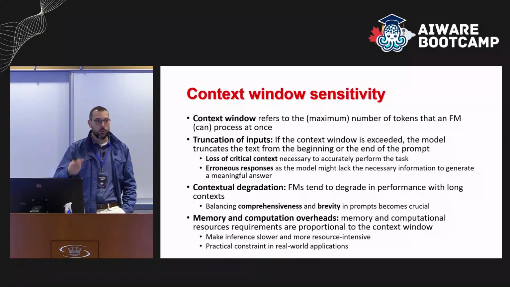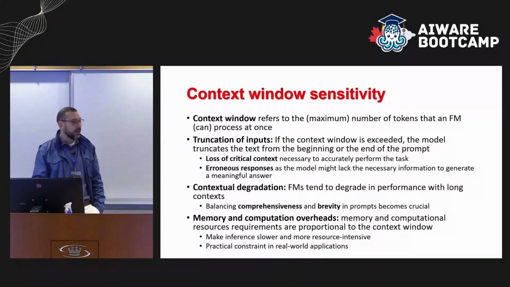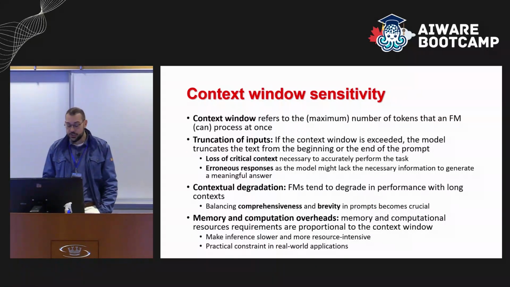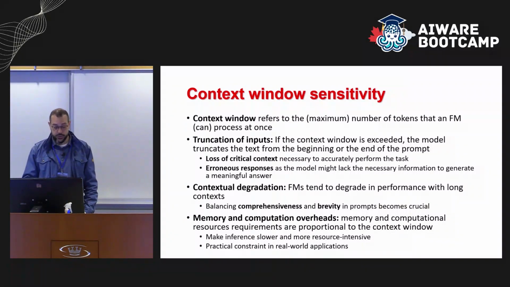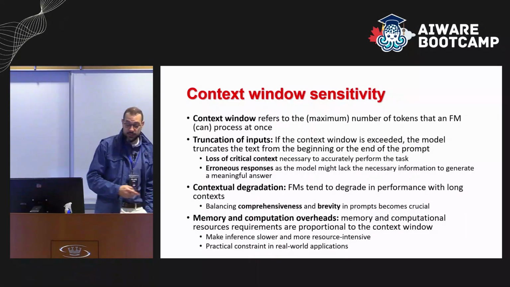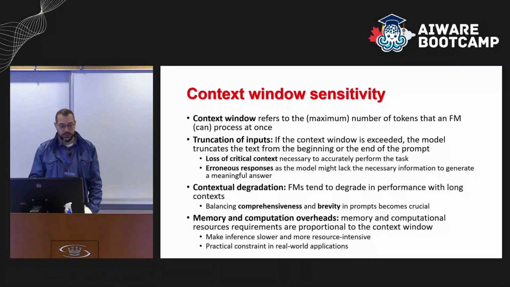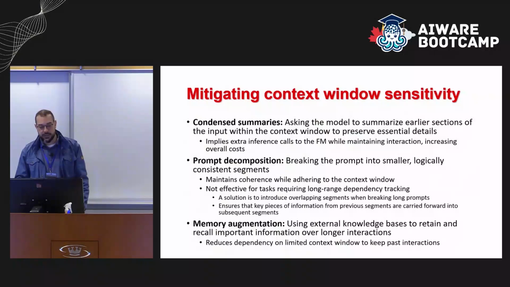The inference gets slower because you are processing all these tokens on the input, and it gets more resource intensive. So you're probably going to spend more energy and occupy your computing infrastructure, which might translate into practical constraints in real world applications. So longer prompts are usually problematic, and we call this context window sensitivity.